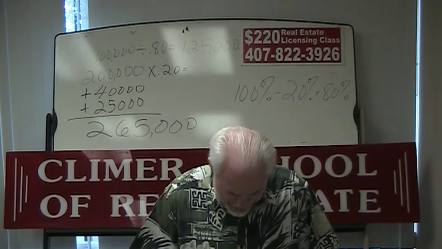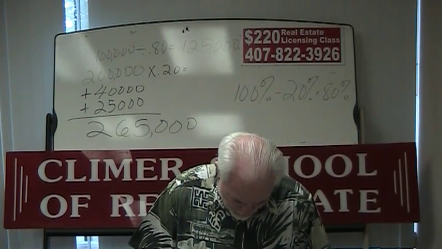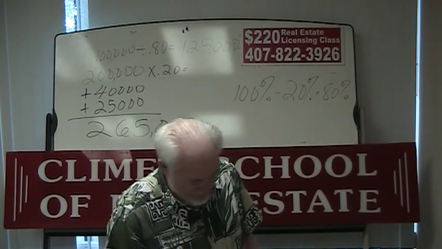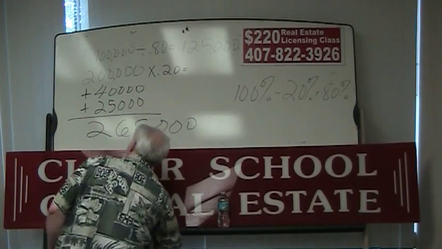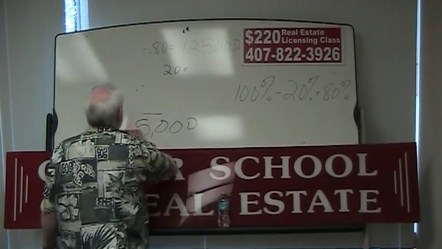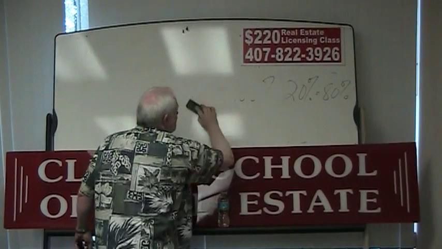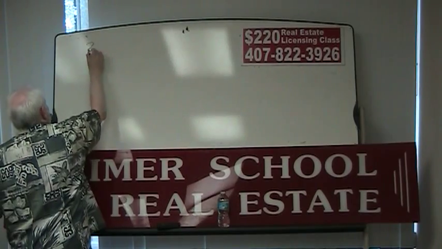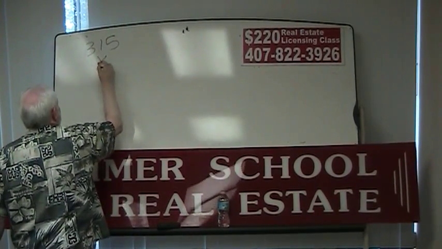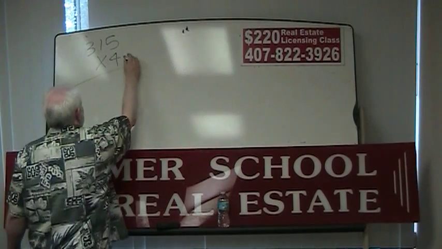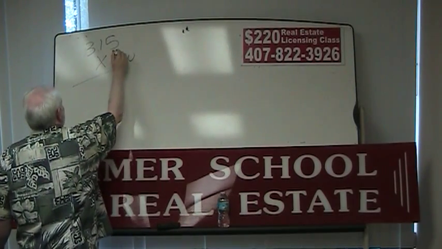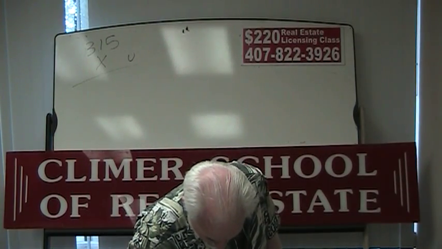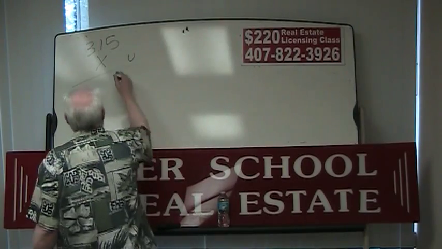Now, next question is, Mr. and Mrs. Greer are purchasing an apartment building. Each of the 5 apartments rents for $315 per month.